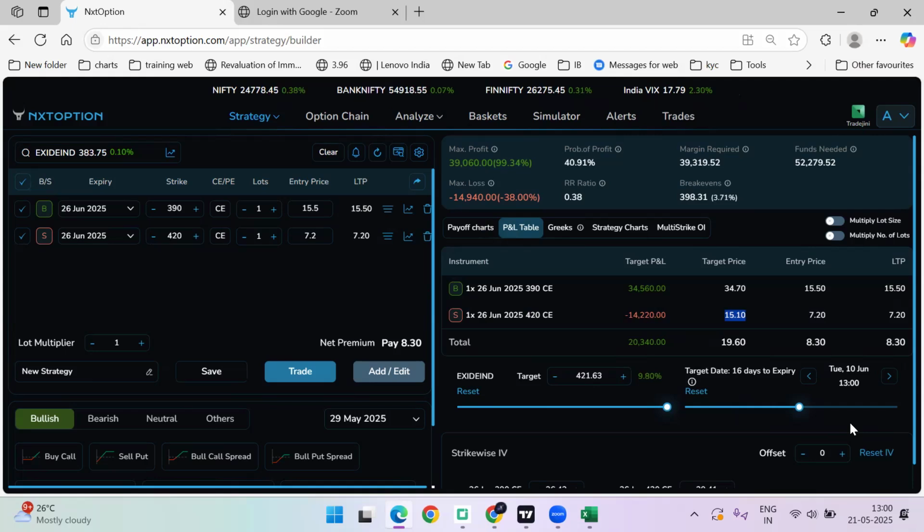So in simple layman terms, today you are paying 8 rupees, and if the share price touches 420, then you can expect the net premium to go to 19.